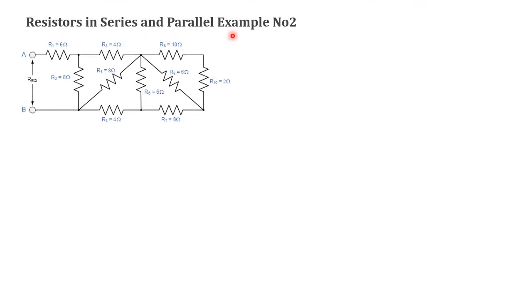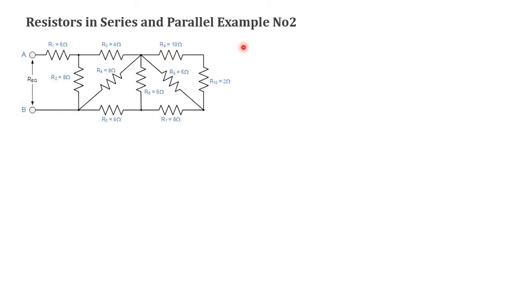Resistors in series and parallel, example number 2. So here is another circuit. It looks a little more complicated than our previous one, but it is very easy. Don't be afraid. Here you can see that for the simplification, first we need to find the equivalent resistance. To find the equivalent resistance, initially we need to start with the bottom part, then only it will be easier than starting with the front part.